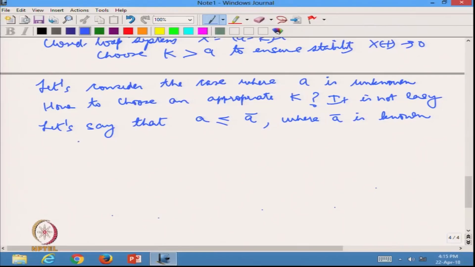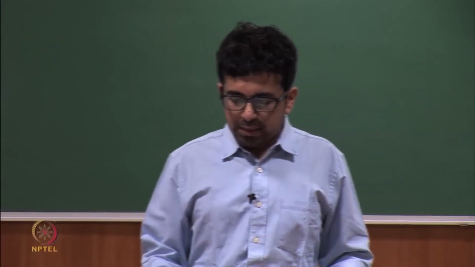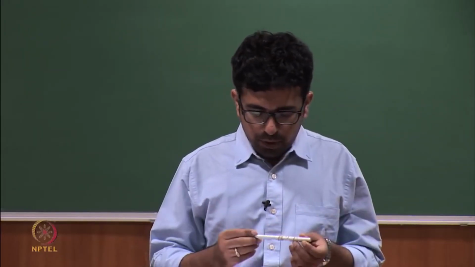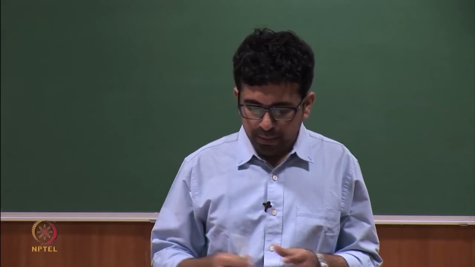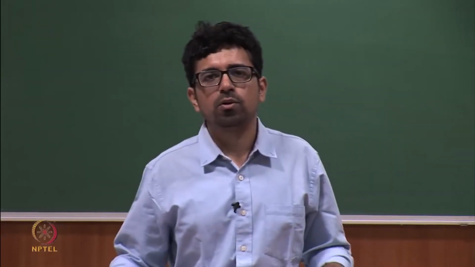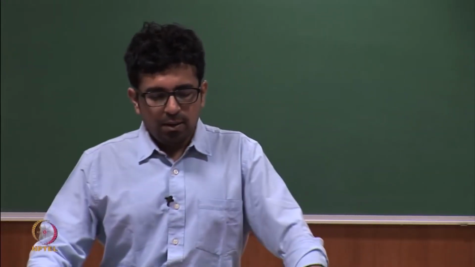We can choose k such that k is greater than a bar, right. So, if you choose k to be greater than a bar, we meet our objective, right. So, what is one problem with this case, although we can still meet our objective?